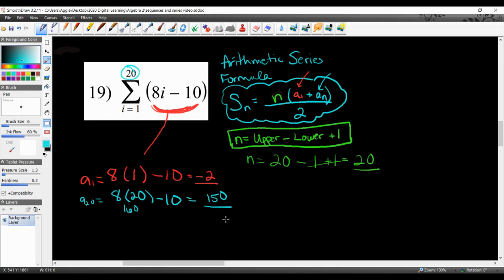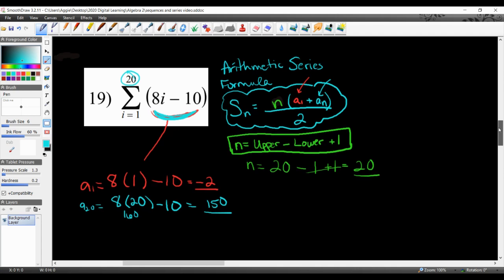And that's it. So for these ones, you do have to find a sub 1 and a sub n, and you do that using the expression here next to our notation. From there, I just plug everything in and calculate it.